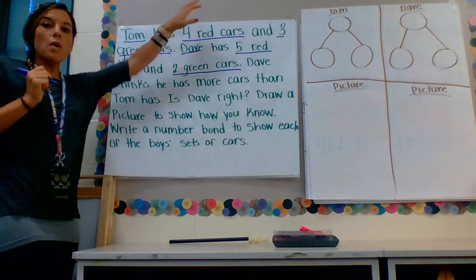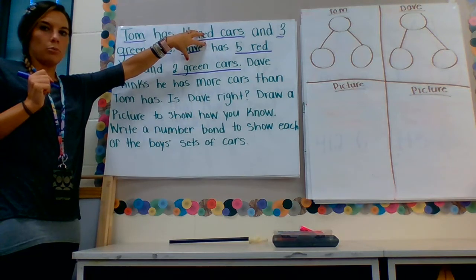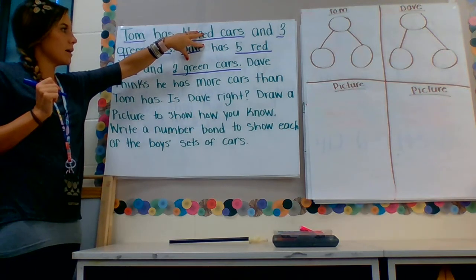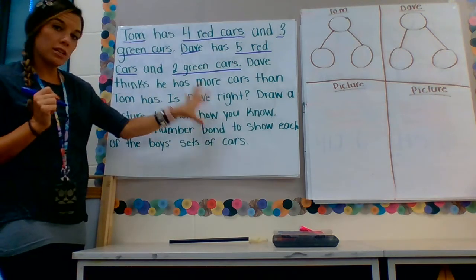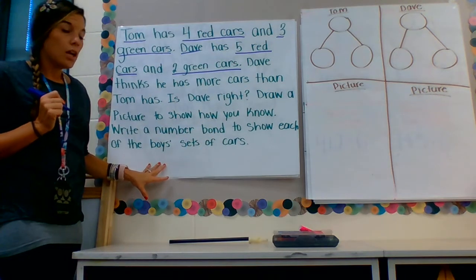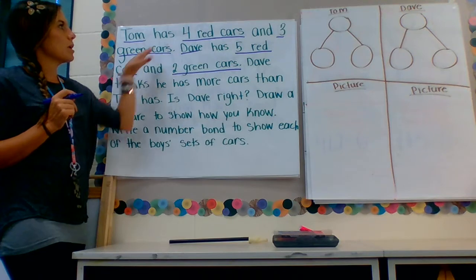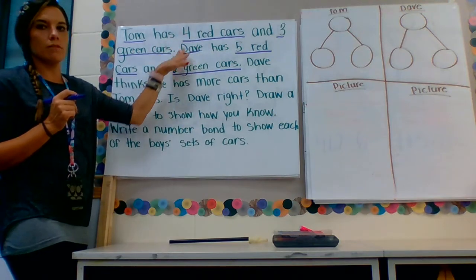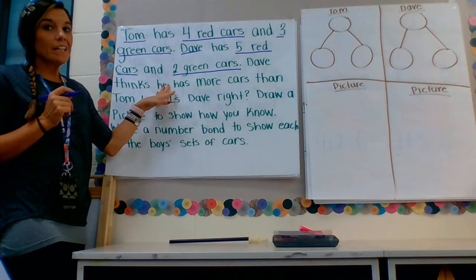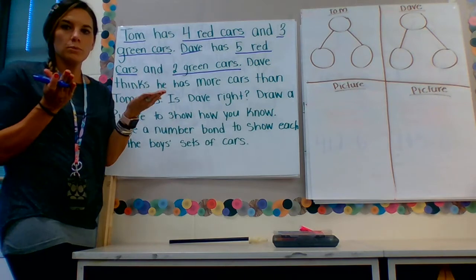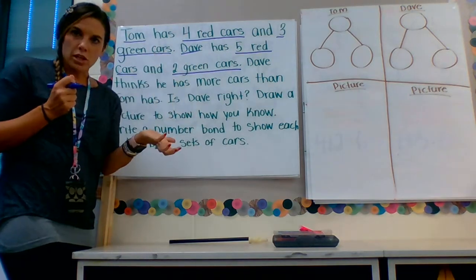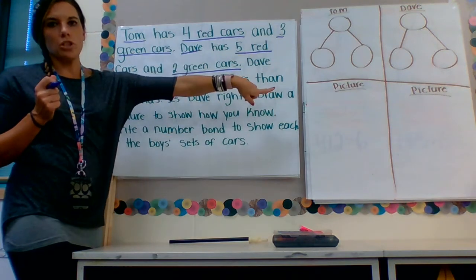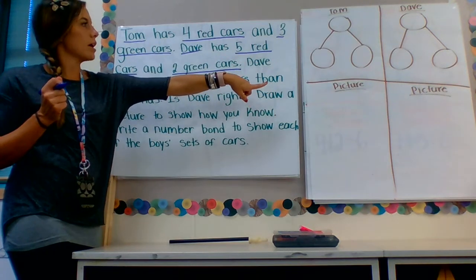So the reason why this information is all important, because when you get to the question and what they're wanting us to do, they're wanting us to show a number bond for each of their information. So we kind of have to know who is who and how many red cars they have and how many green cars they have. So we're able to show our work over here, okay?